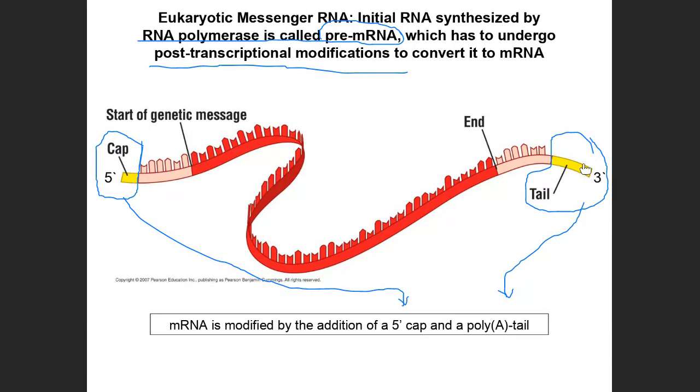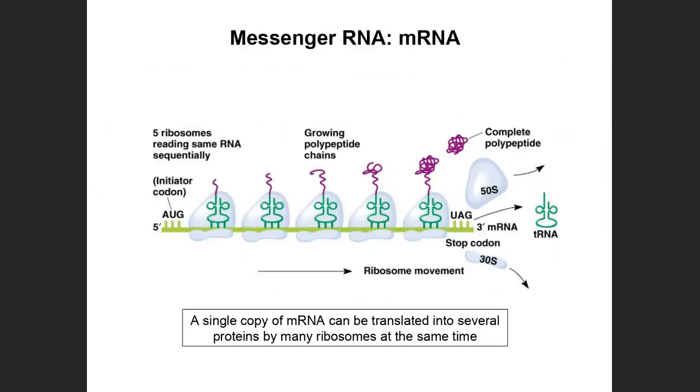Once these two modifications have occurred, we now have our final product in eukaryotes, mRNA readily translated. So this is an intermediate step, post-transcriptional modification. It doesn't fall under transcription, it doesn't fall under translation, it's an in-between step for eukaryotes only.